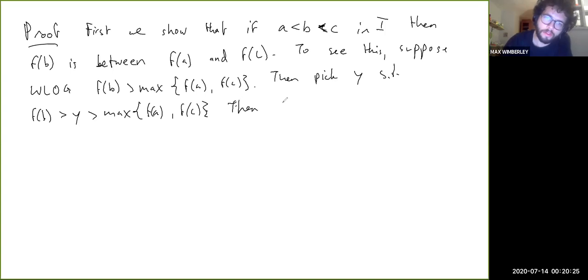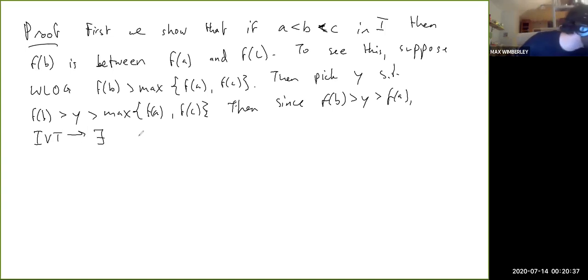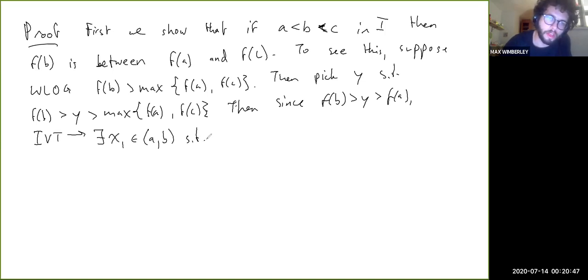Then since f of b is greater than y, greater than f of a, the intermediate value theorem tells us that there exists, let's say, x1 in AB such that f of x1 equals y.